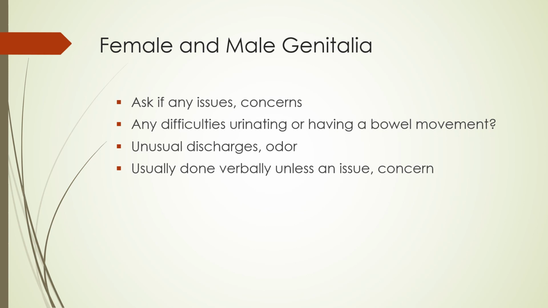They should not have odor or discharges, all right? You can typically ask this if they're able to let you know, unless you're doing a problem-focused assessment. If a patient comes in with this complaint, then of course you need to go more in detail. But otherwise, you can just ask these questions.